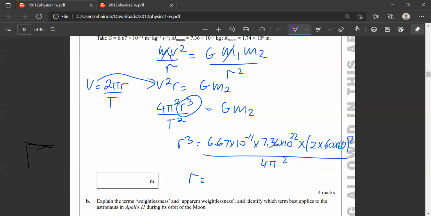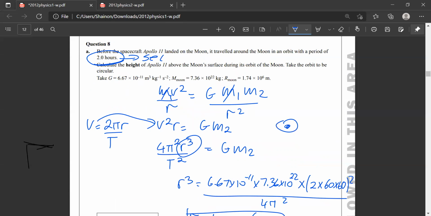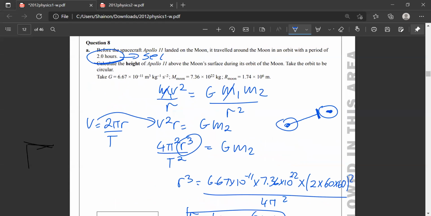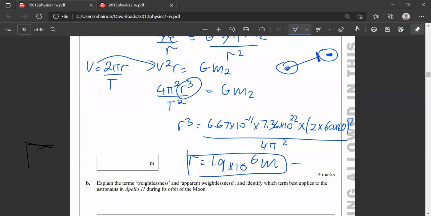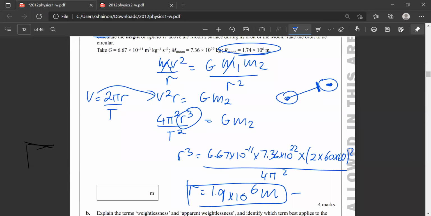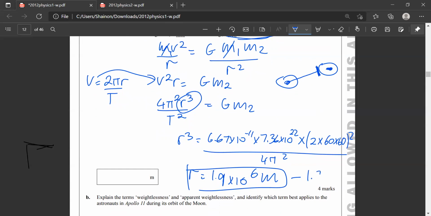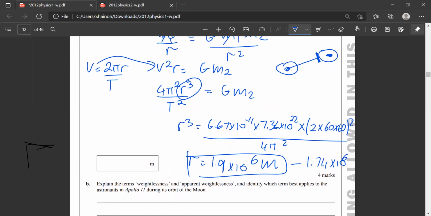But we want to find it from the surface. So if this is the small one and this is my moon, we want to find it from the surface, not from the center. So we have to minus the radius of the moon.